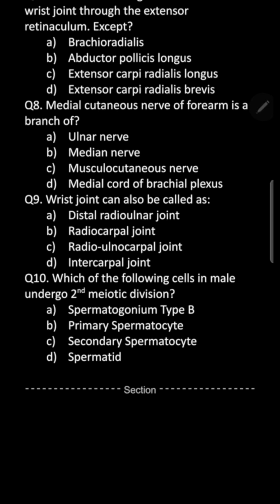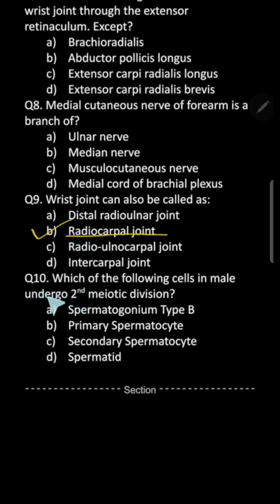However, triquetral also participates in the formation of wrist joint, but it does not articulate with the lower end of the ulna because of the intra-articular fibrous disc, which separates the lower end of the ulna from the triquetral. So there are 4 bones participating in the wrist joint, that is lower end of the radius, scaphoid, lunate and triquetral. But radius articulates with scaphoid and lunate. So the joint can also be called as radiocarpal joint.